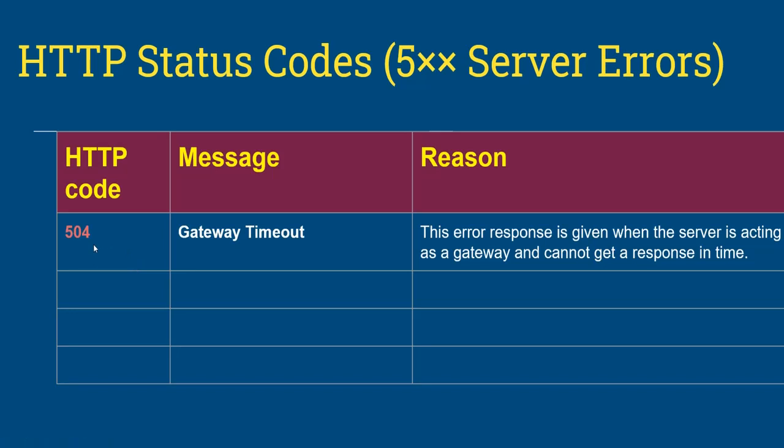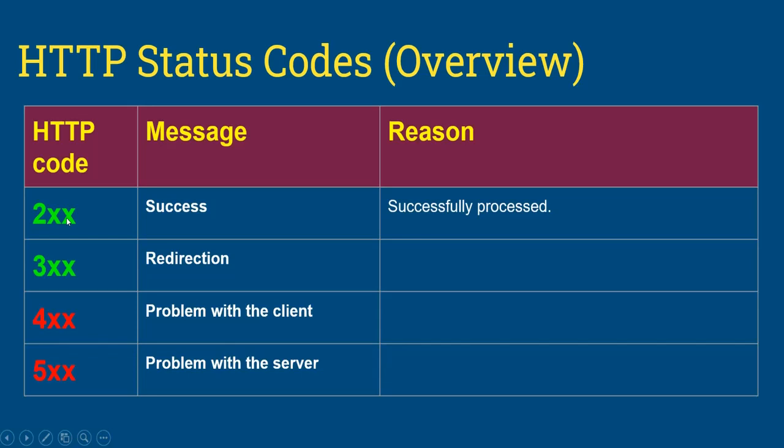We have 300 related codes also, which are used as redirect status codes. We will not use 300 related codes in our MuleSoft, so we don't need to worry. We will just focus on 200, 400 and 500 related status codes. Just to give you an overview: any status code starting with 2, the 200s, means success.